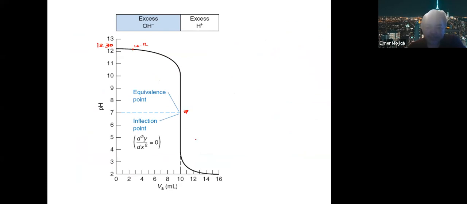And then you have 7. And then when you add around 10.5, it's around 3. We're going to look at 3.08. So this is how it looks like when you have around 10.5 ml.